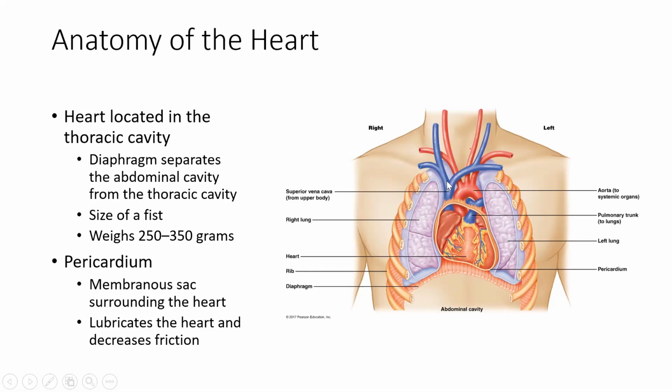So this is what we call the base. This top part of the heart is called the base. And this is the region that we see the atria. So here's the right atrium and here's the left atrium. And these are the locations of the various chambers of the heart anatomically. So the heart is not the four chambers straight on, the way that we typically draw it for simplicity's sake, but it's actually slightly shifted left and slightly askewed left in the thoracic cavity.